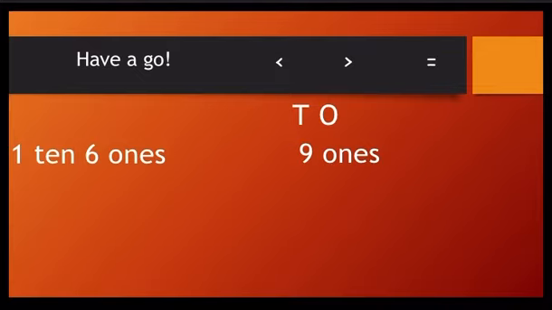So it might be a good idea, before you start thinking about the signs and which number is bigger, to actually look at the values of each of the sides and write the actual number down.